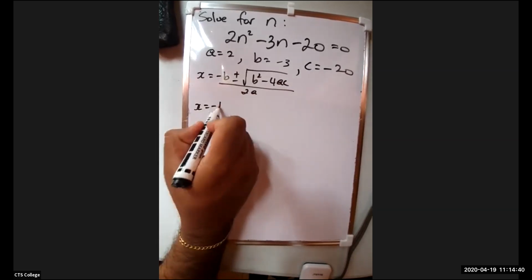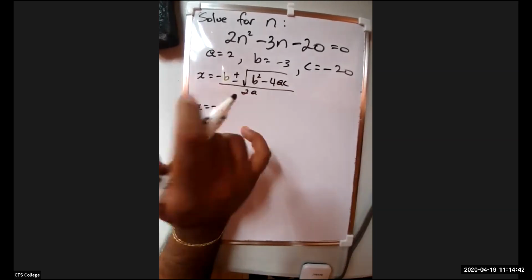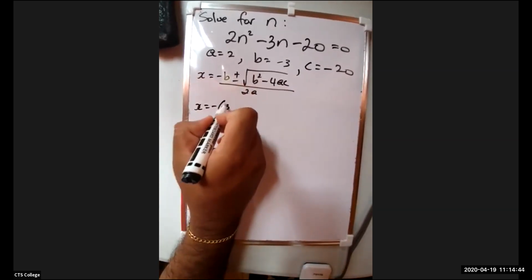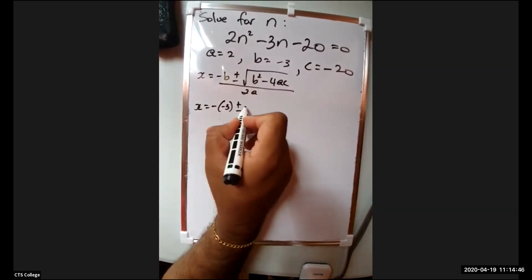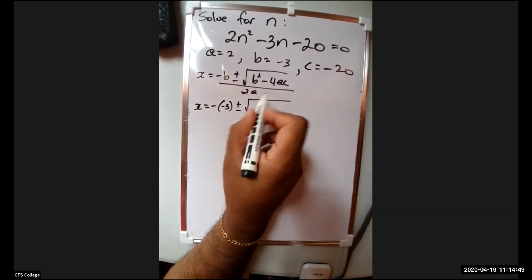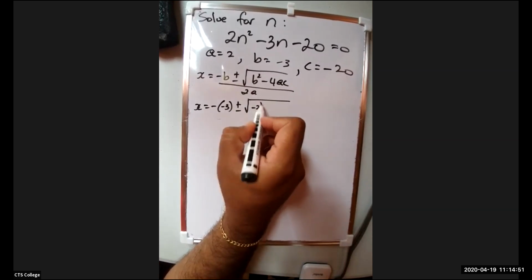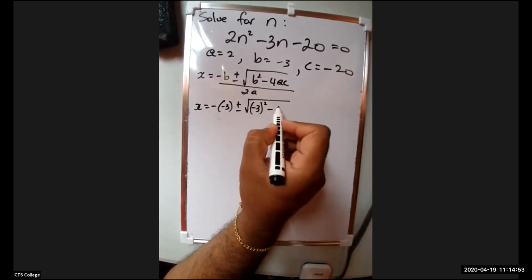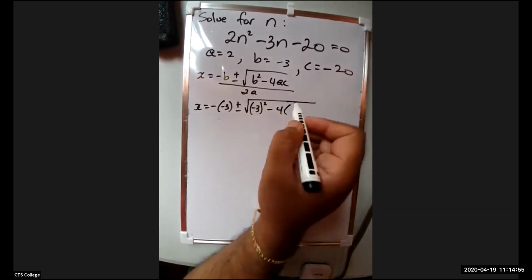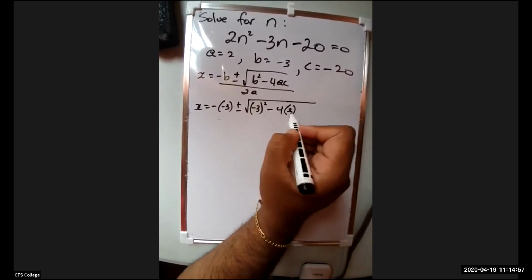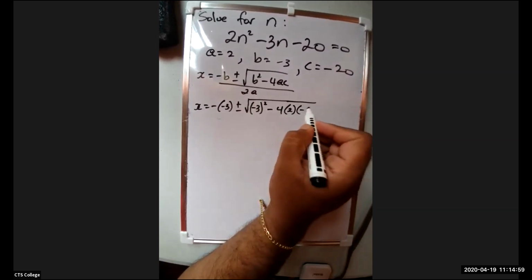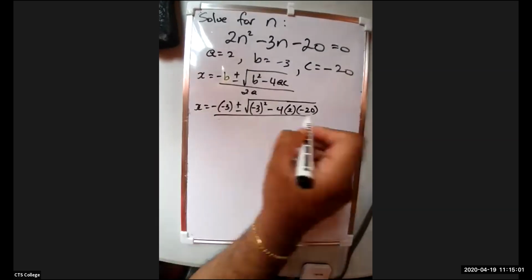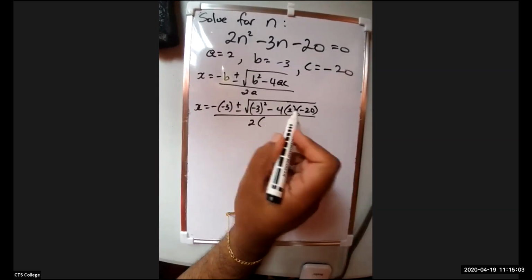So minus b, oh gosh, minus -3 plus or minus the square root of -3 squared minus 4a, which is 2, and c, which is -20, all over 2 by a, which is 2.